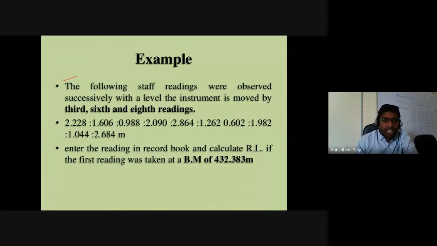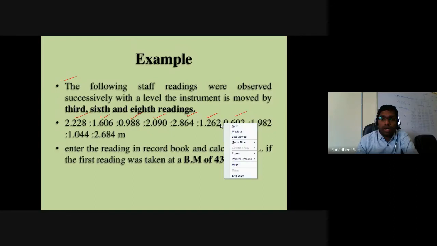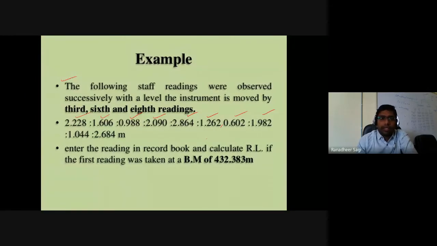Now let us understand how many readings are given here. How many staff readings do I have? 1, 2, 3, 4, 5, 6, 7, 8, 9 and 10.